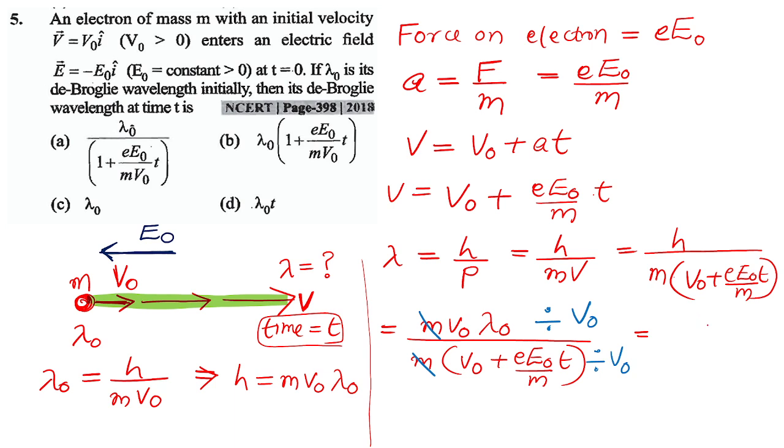So v0 cancels, numerator will be lambda 0. Denominator also I have to divide by v0, so v0 by v0 becomes 1. Denominator will be 1 plus eE0 t by m v0.